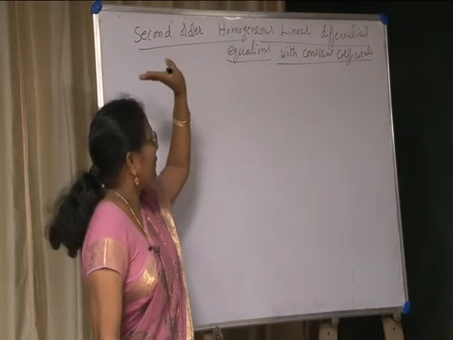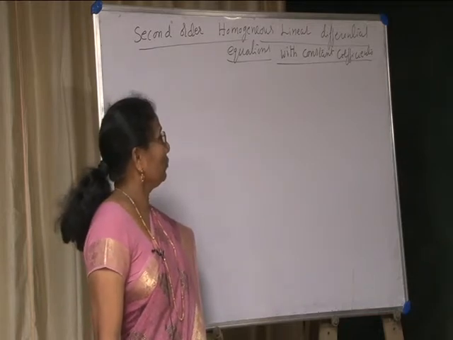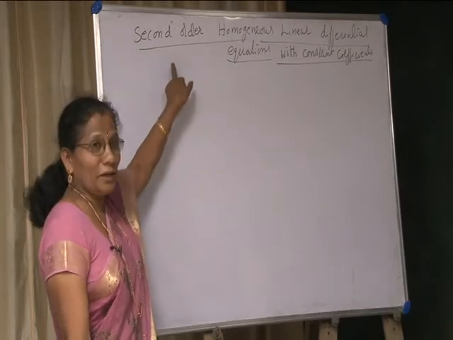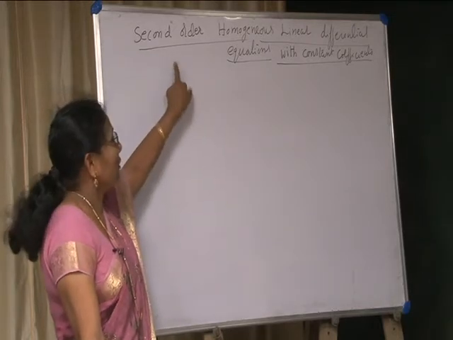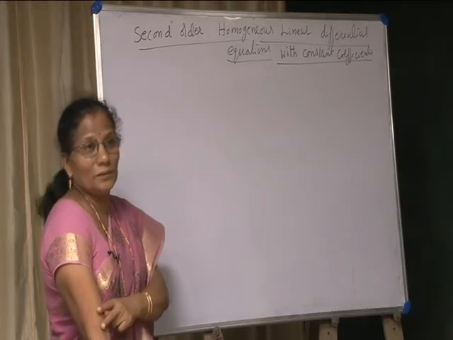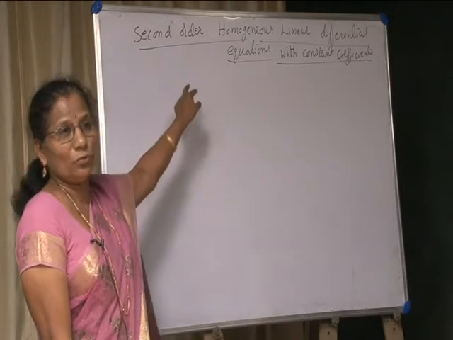Then we are going to call it a homogeneous linear differential equation with constant coefficients. How to solve the second order homogeneous linear differential equations having constant coefficients? How to solve such type of equations?